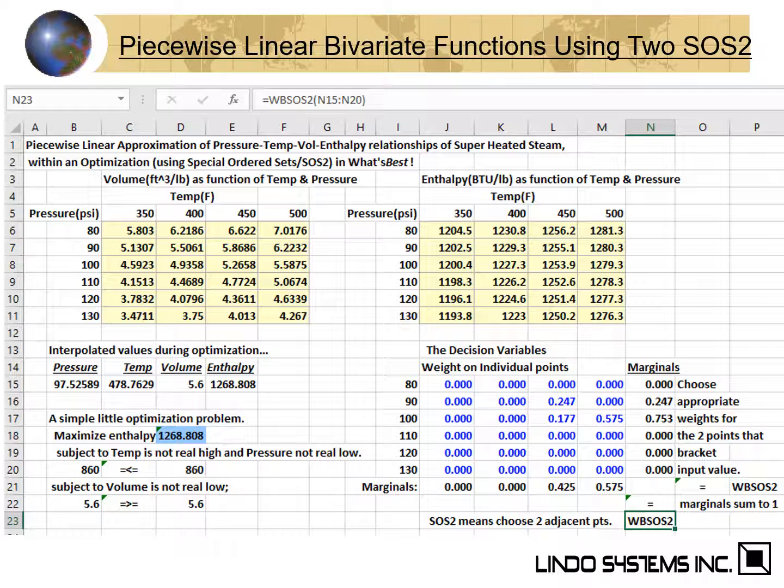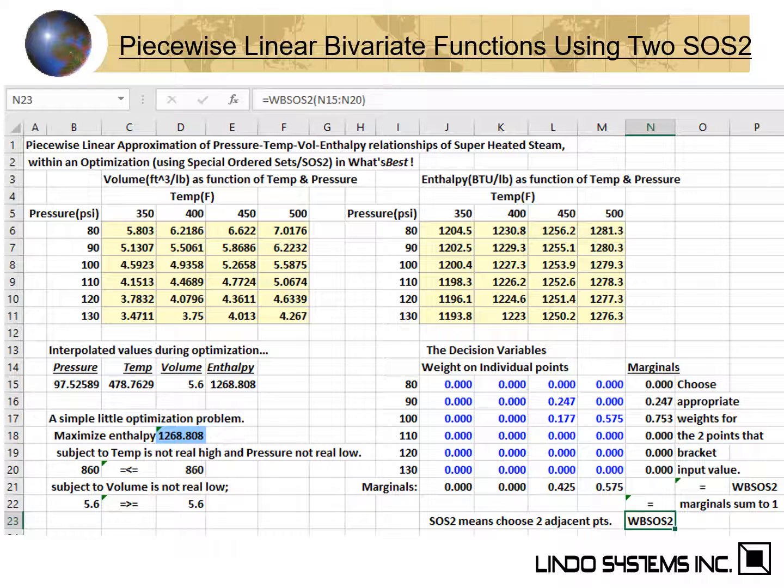So it turns out you can, in fact, represent such tabular relationships also. You essentially just use this SOS2 device twice, so to speak. And that's done down in the bottom right, where you see the blue variables, where each blue variable is the weight that is applied to a given combination of pressure and temperature, and that's how you determine the output.